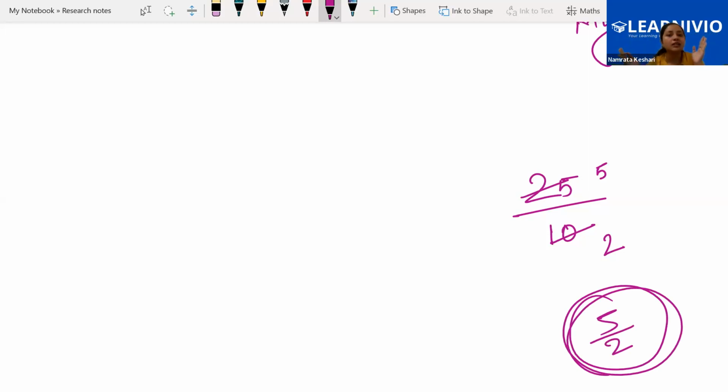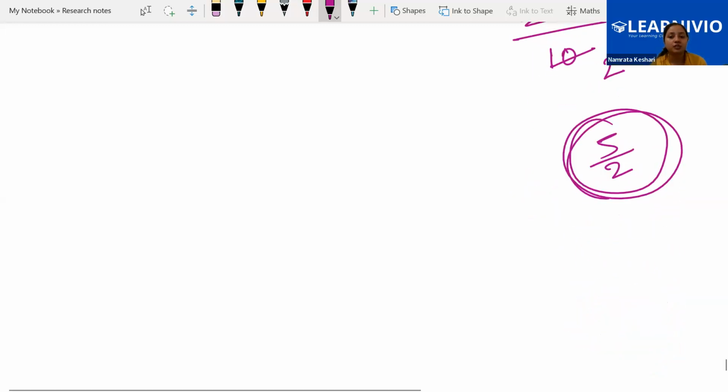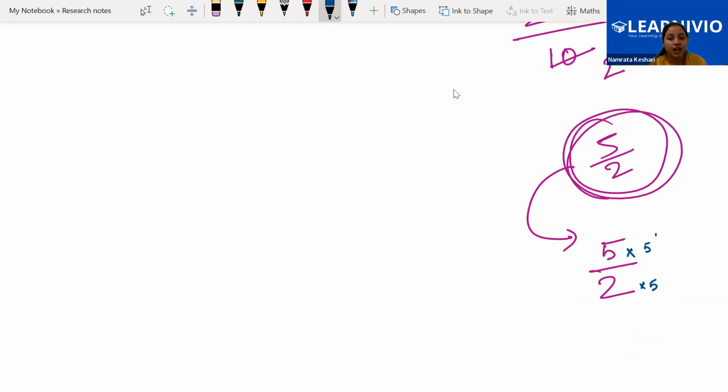We don't know what that common number is, so we say x and x we can multiply with both terms. Because 5/2 can only become 25/10 when we multiply it with a common number, the one we already cancelled. That common number was 5. We cancelled it and then it became 5/2.